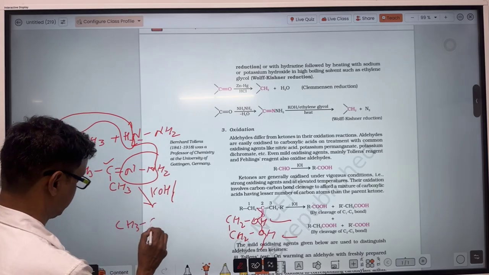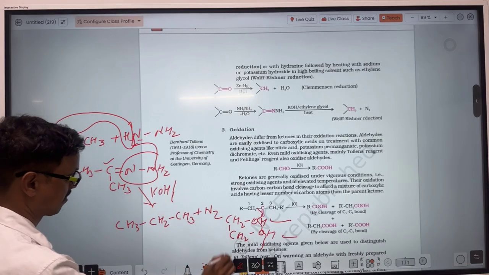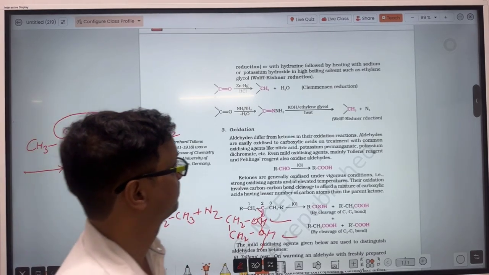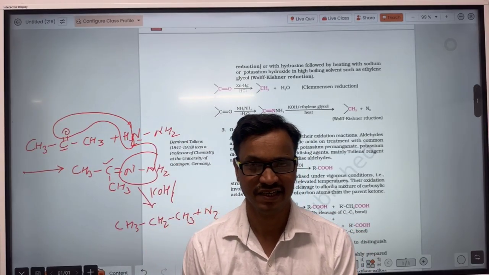So the product will be the alkane. That is the Wolff-Kishner reduction.